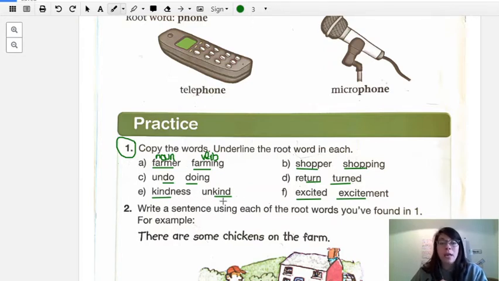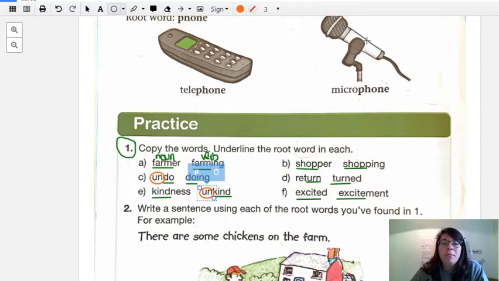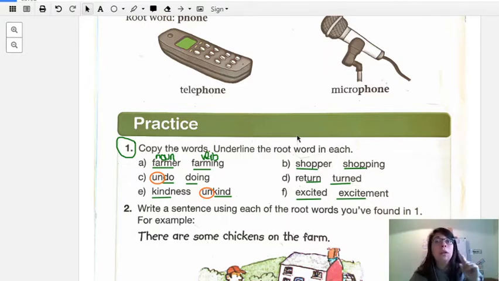When you are unkind, the prefix un, I'm going to circle it in orange because the prefix un is here and it's also here. And I told you that with undo, I remove what I'm doing. And with unkind, I remove the kindness. So in other words, the word un is when I remove something, or when it just doesn't apply. It's not the same to do than to undo, to remove what you did. It's not the same to be kind as to be unkind. That means that you're not kind, that you do not do.